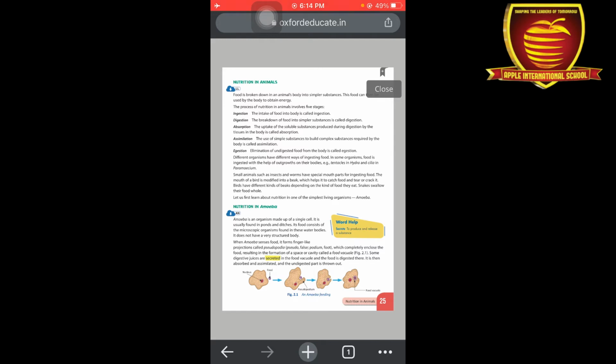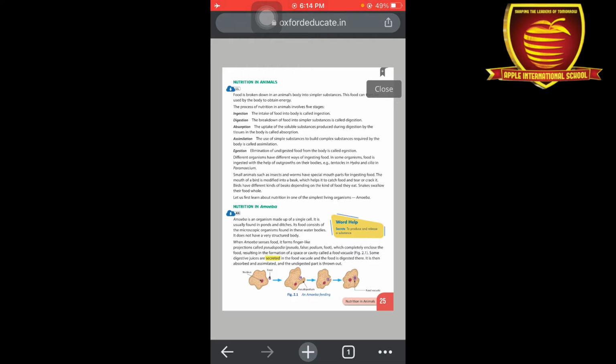After that, the third point is absorption. In absorption we absorb important nutrients, minerals and water from those simpler substances.